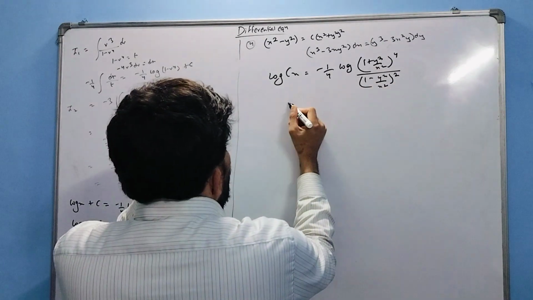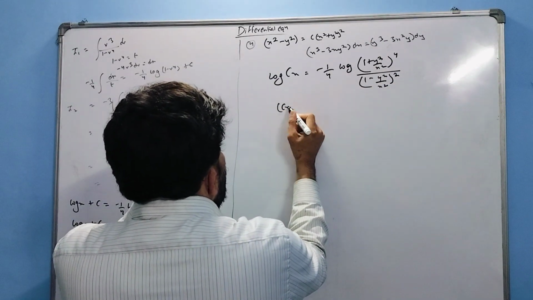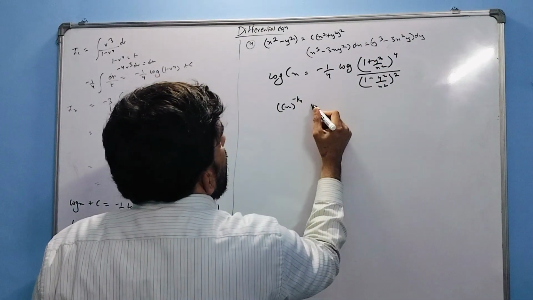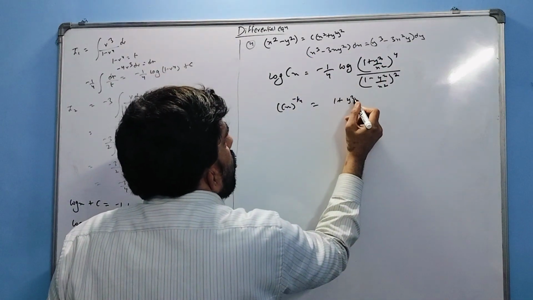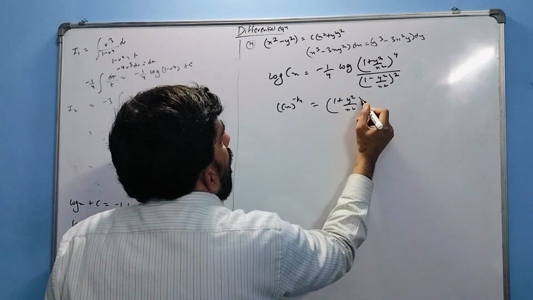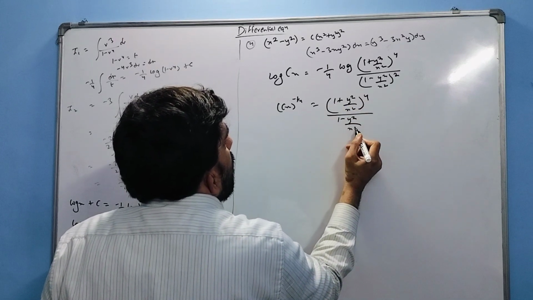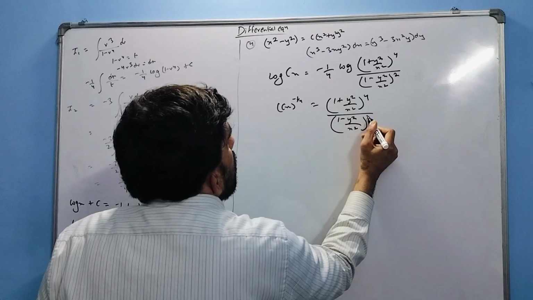So it will be cx to the power minus 1 upon 4, when taking the power to that side, and here I have got 1 plus y square upon x square upon 4 into 1 minus y square upon x square 2.